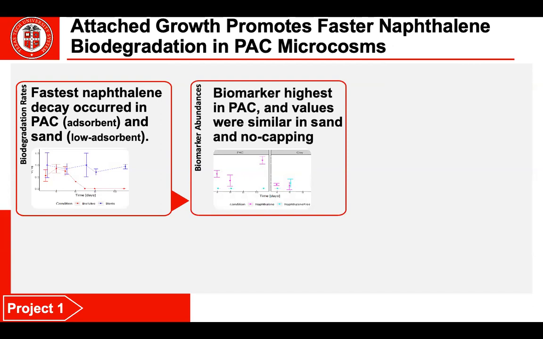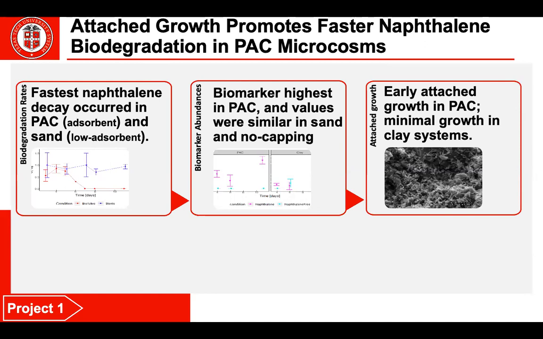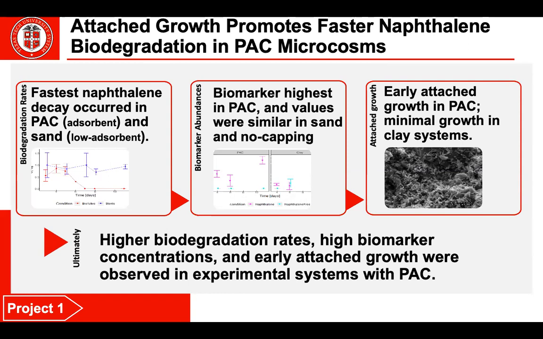When I say normalized, it just means that overall the number of microorganisms was much higher in activated carbon, but the percentage that were able to transform naphthalene was approximately constant. And we saw quite a bit of attached growth in the activated carbon systems. None of these results were replicable in clay, which may be part of the reason why we just didn't see any contaminant transformation.